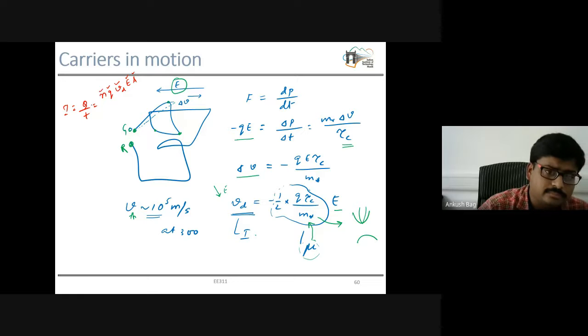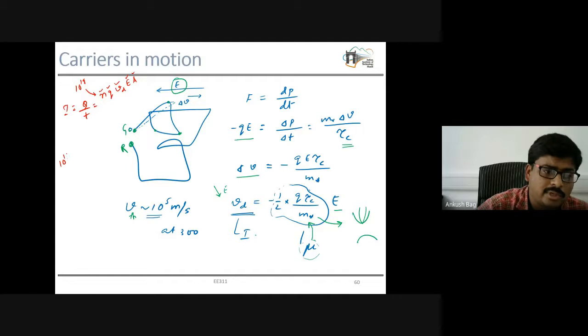Now if we try to understand, let's say, a semiconductor which is doped with 10 to the power 18 dopants. So let's say 10 to the power 18 is the number of electrons we have available in the semiconductor. Now, let me write here.